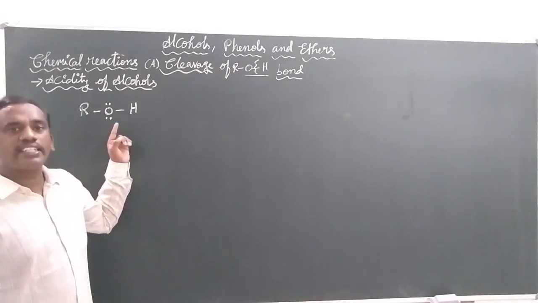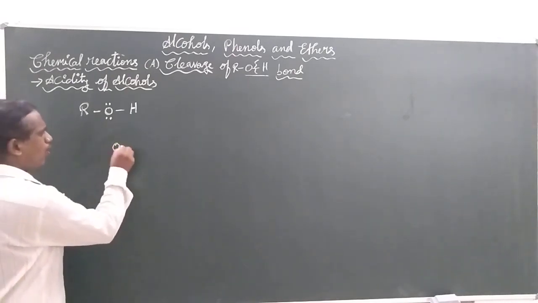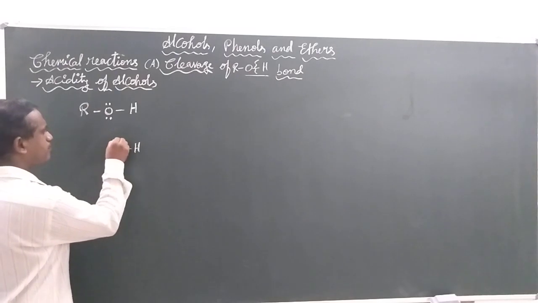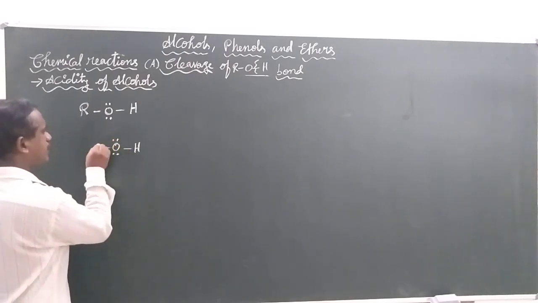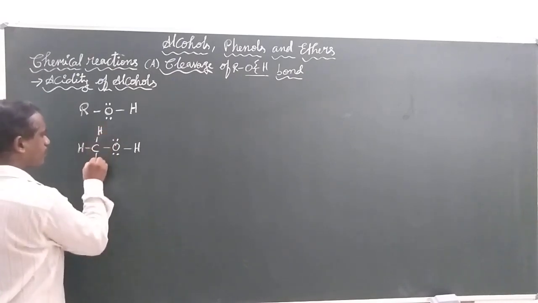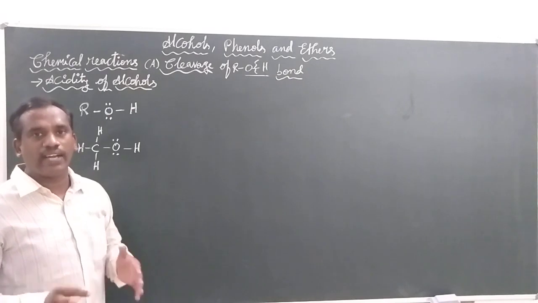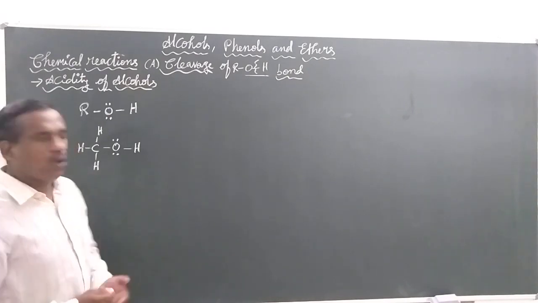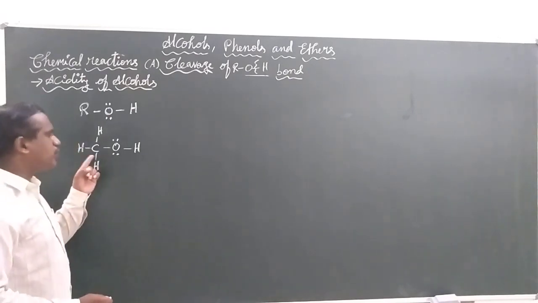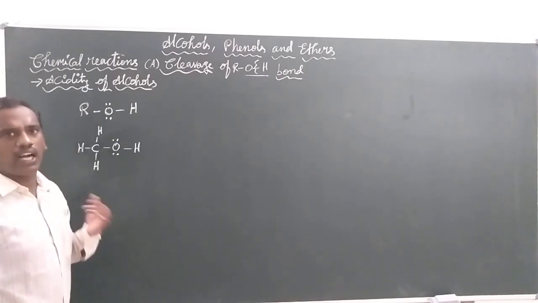Let us take the simplest example of an alcohol. The OH is bonded to a carbon that has three hydrogens around it. When the oxygen is bonded to a single carbon, we can call it a primary alcohol.